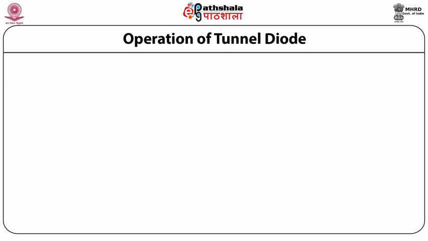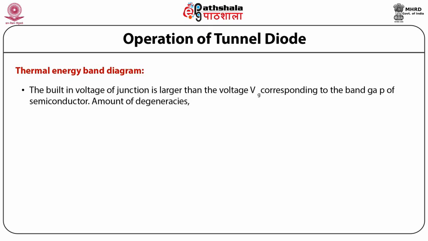Let us now discuss the thermal equilibrium energy band diagram of the tunnel diode. The built-in voltage is larger than the voltage Vg corresponding to the band gap of the semiconductor. So this is clearly shown in this figure.